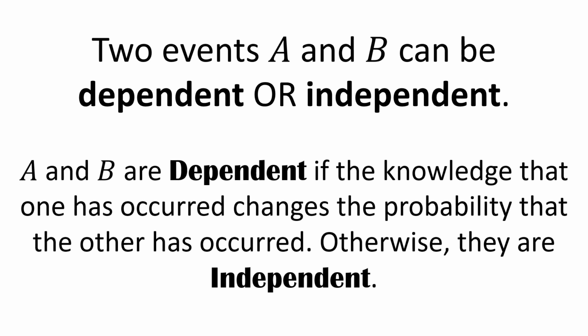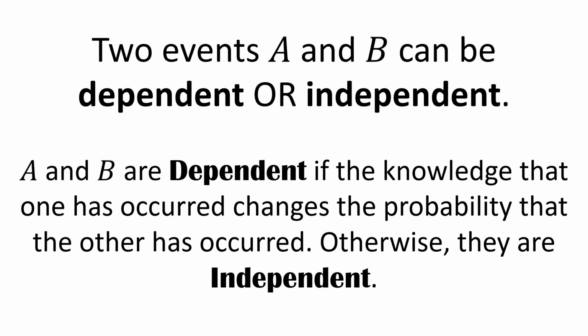And the definition of dependent is this. A and B are dependent events if the knowledge that one has occurred changes the probability that the other has occurred. Otherwise, they're independent. Okay, so let's just break that down with something concrete.